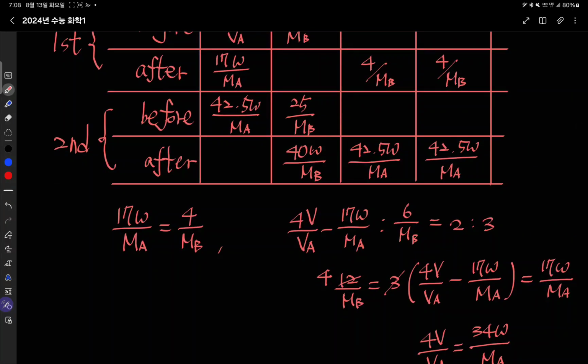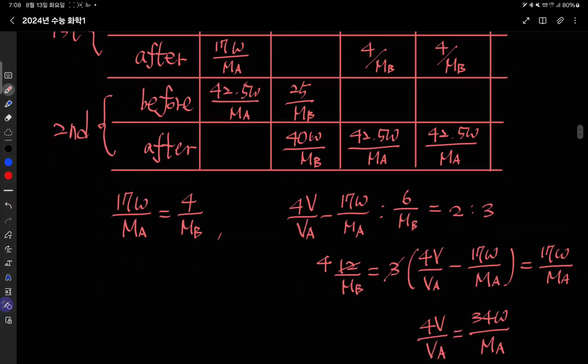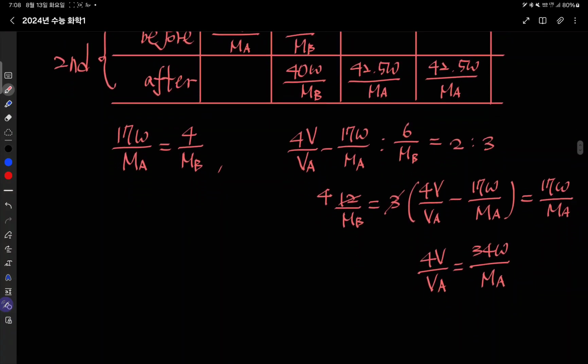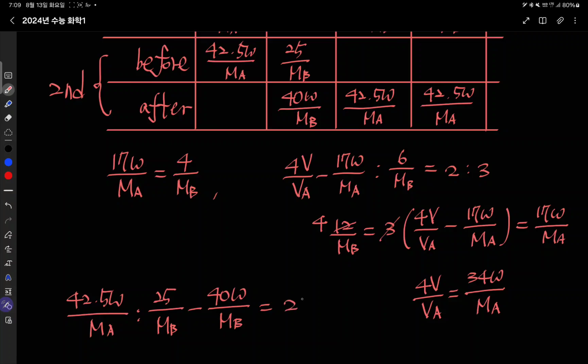And the ratio participating in the reaction between A and B in the second experiment is the difference between 25 over MB and 40W over MB. That's 2 to 3.